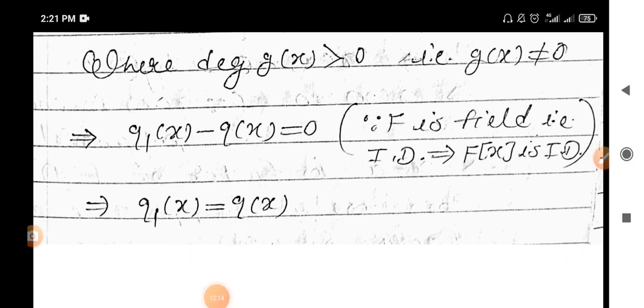Therefore, this is the same division algorithm for a field of polynomials, capital F[x], that is polynomials having coefficients in the field F. So we can apply that division algorithm for a corresponding field of polynomials. In the next lecture we will see detailed examples of the division algorithm for a field of polynomials.